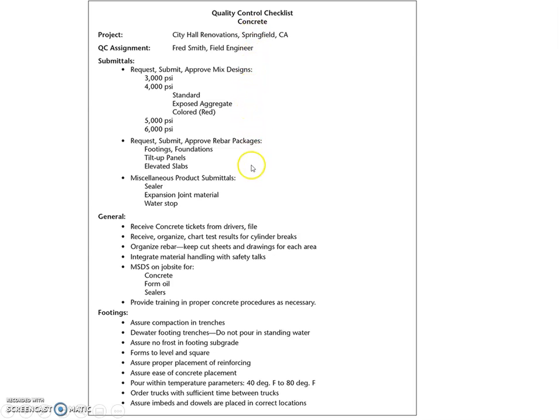This quality control checklist shows what are the items which need to be assessed for checking the quality of certain items on the project.